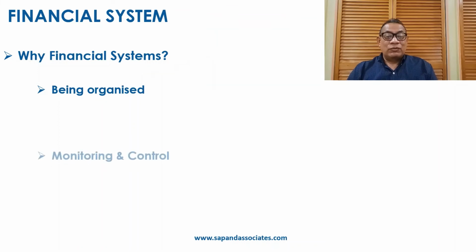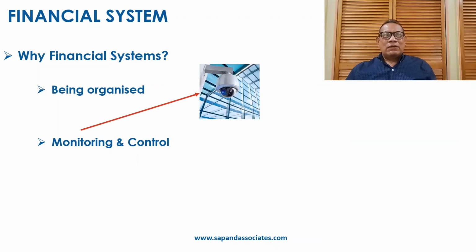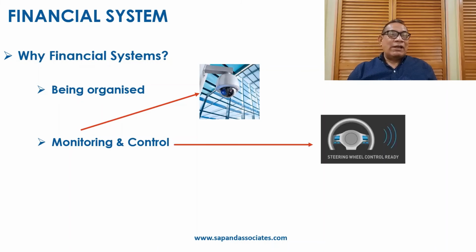Monitoring and control. I like to think of monitoring as somebody having an overview, somebody overlooking what's taking place. And in so doing, it allows you to absorb information with respect to what is taking place within your organization. Control, I like the analogy of control and motor vehicles. Ever so often you hear reports about accidents, the driver lost control.